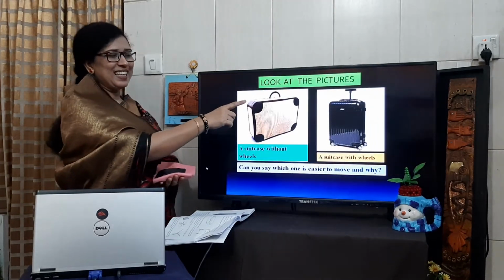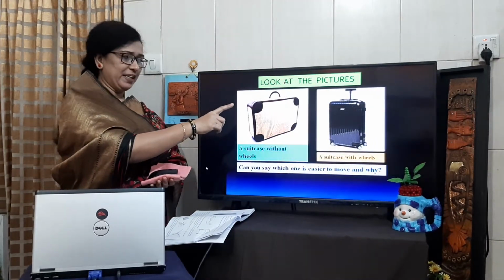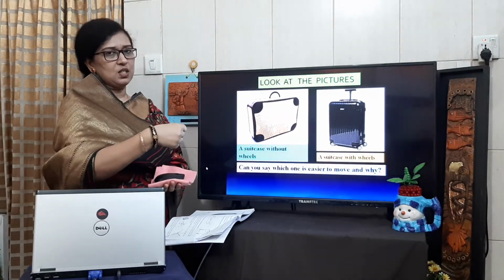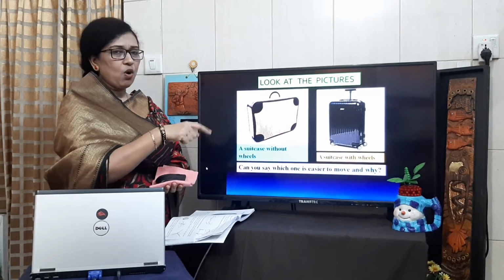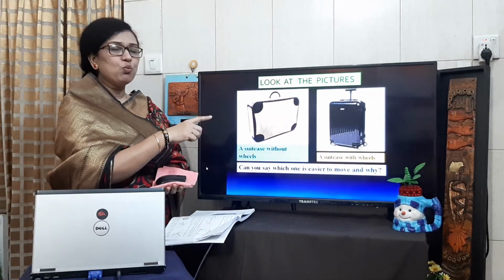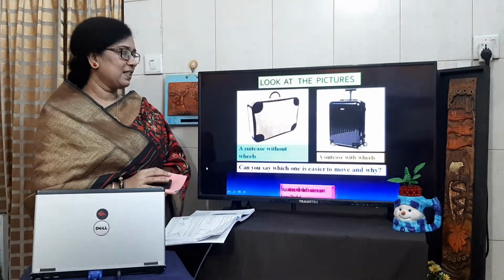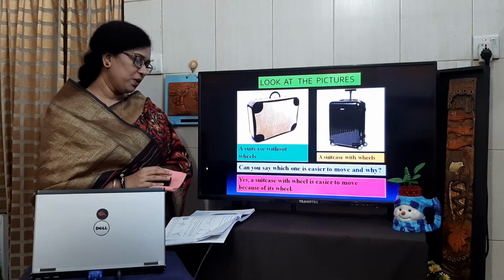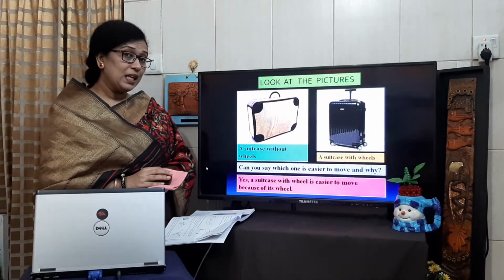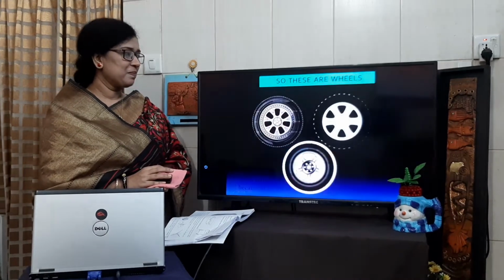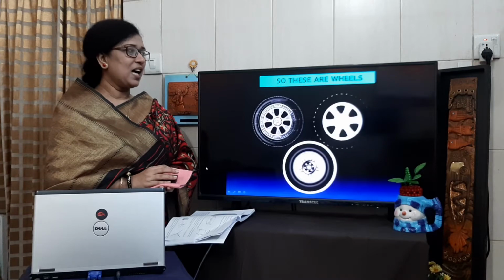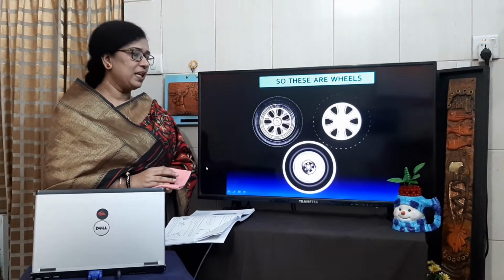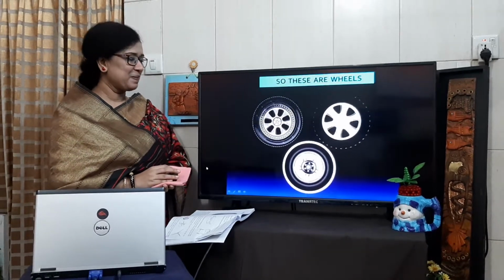You can know that the right one is the easier one, and because of wheels you can move this suitcase and it can rotate on its axis. Yes, a suitcase with wheels is easier to move because of its wheels. So these are different types of wheels, but all of them are wheels.